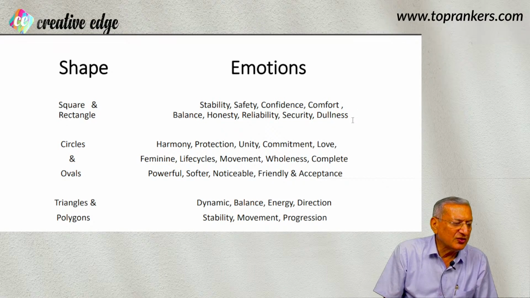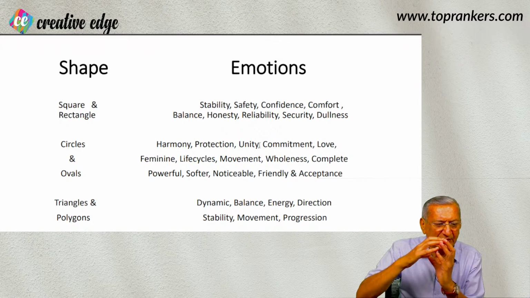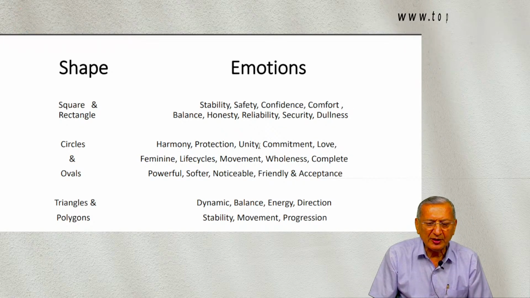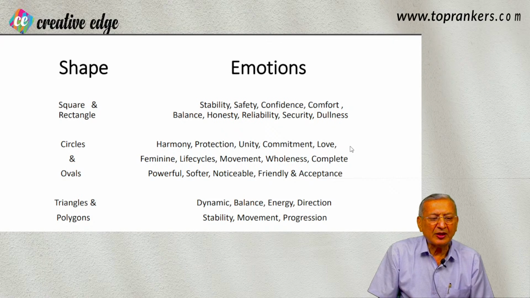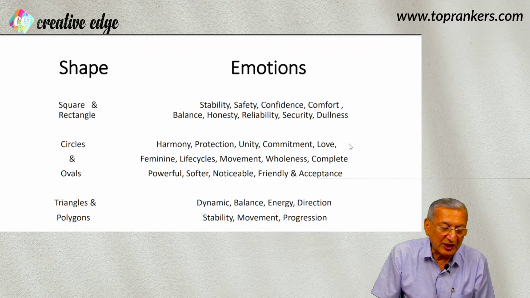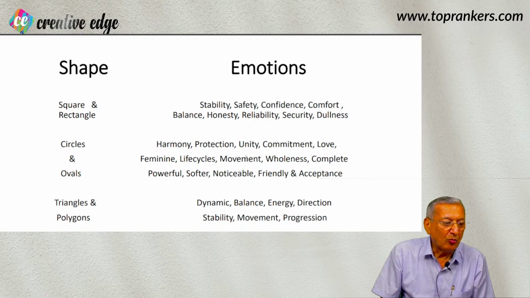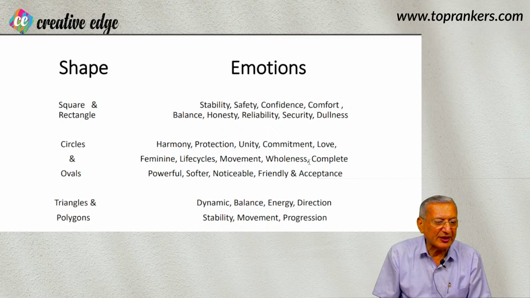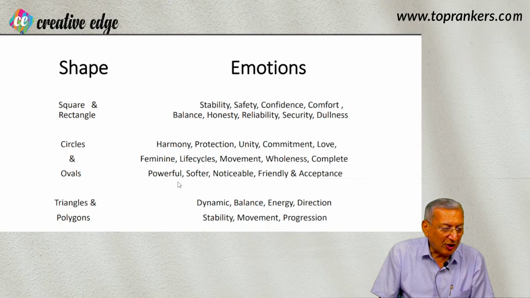Then circle and ovals show you harmony, protection, unity of mindedness, commitment. Then it also shows you love, femininity, life cycle, movement, the wholeness, a completeness, powerfulness.